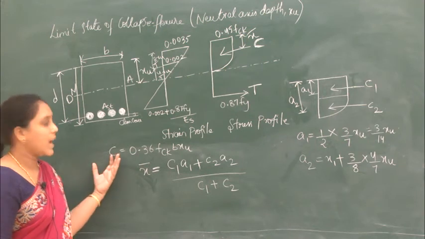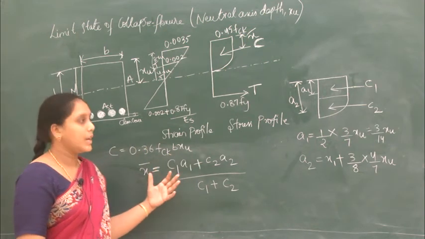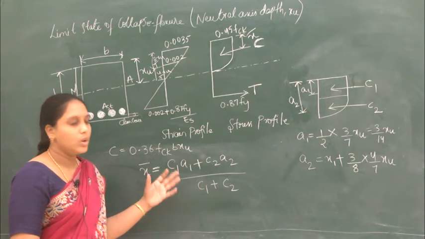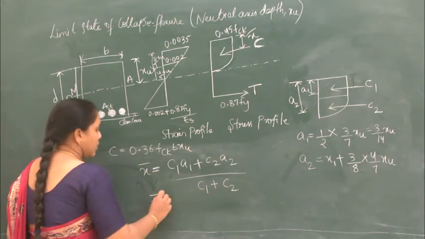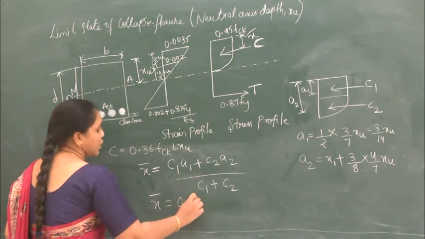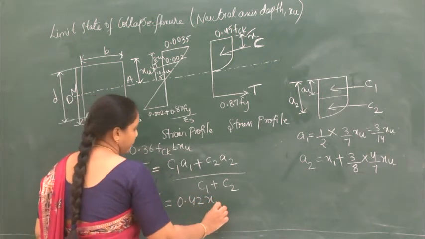We have already calculated the values of C1, C2, A1 and A2. Substitute all the values here so that we get the value of x bar as 0.42 xu.